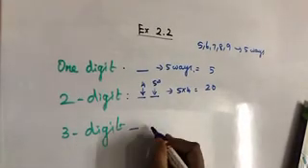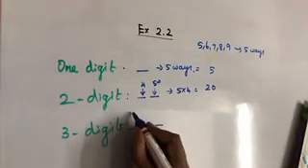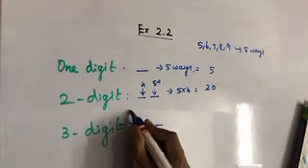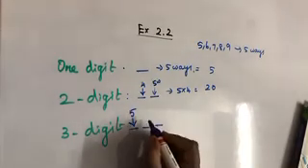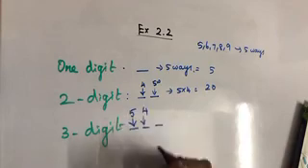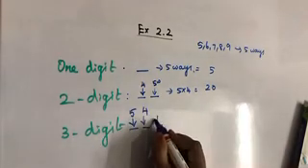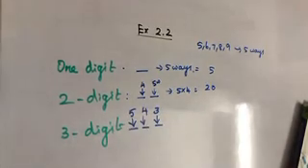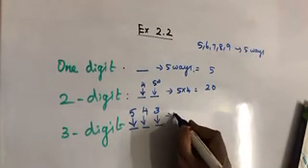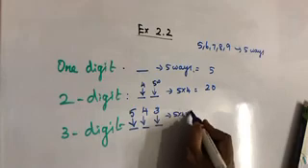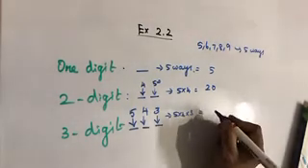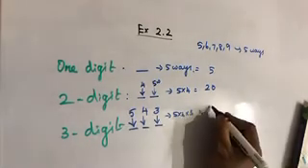And for a 3-digit number, the first place can be filled in 5 ways, the second place in 4 ways, and the third place in 3 ways, because it is without repetition. That implies 5 into 4 into 3, 5 fours are 20, 20 threes are 60.